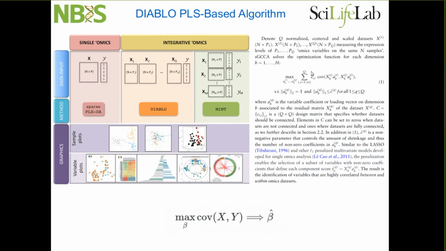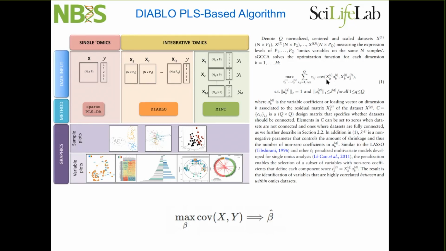And basically what Diablo does, if you try to digest this, at first glance it looks very complex, this equation, but I still advise you to think about it, because you understand in depth what Diablo is doing by looking at this.